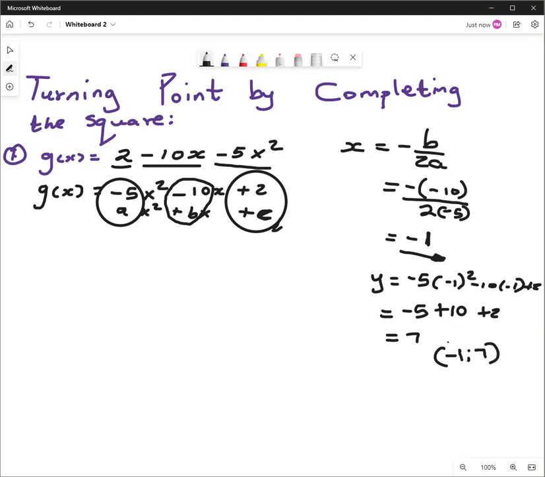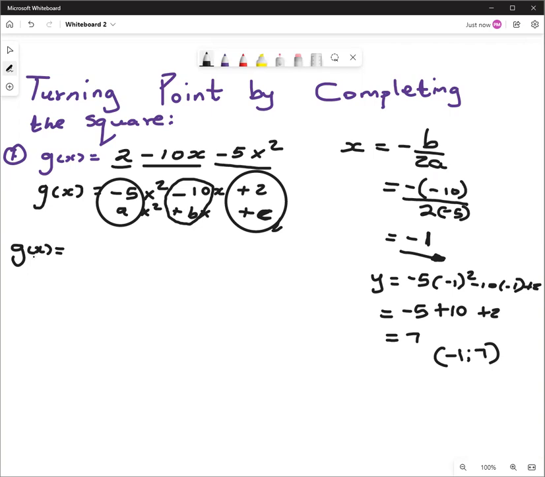Okay, sharp. So now we're going to complete the square. G of x, I'm starting now. G of x equals, so guys, you need to isolate the x squared. Which means you need to divide everything by negative 5, basically.